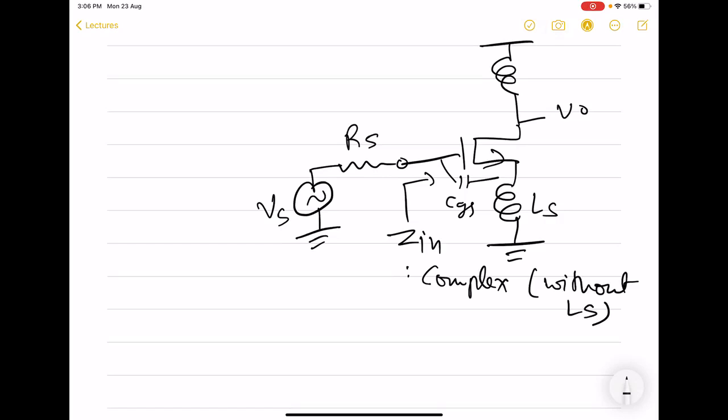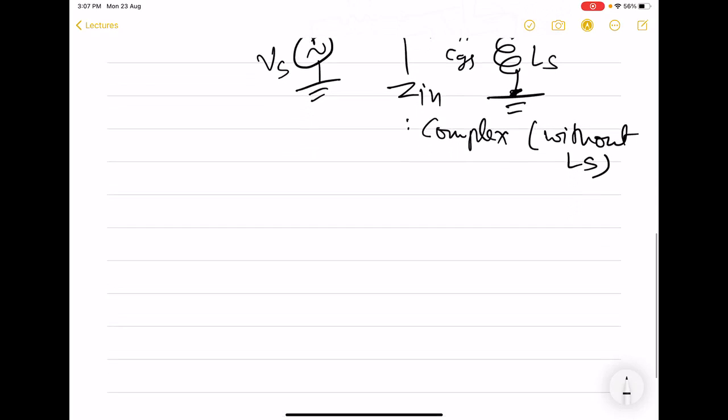And it turns out that if we degenerate this source, that means if we put source not at the ground directly, but put a reactive or resistive element between this, then it leads to degeneration. And if it is inductive, this will cancel out the capacitive nature of the input impedance. So first we will find out Zin, and then we will go on to find the noise factor.